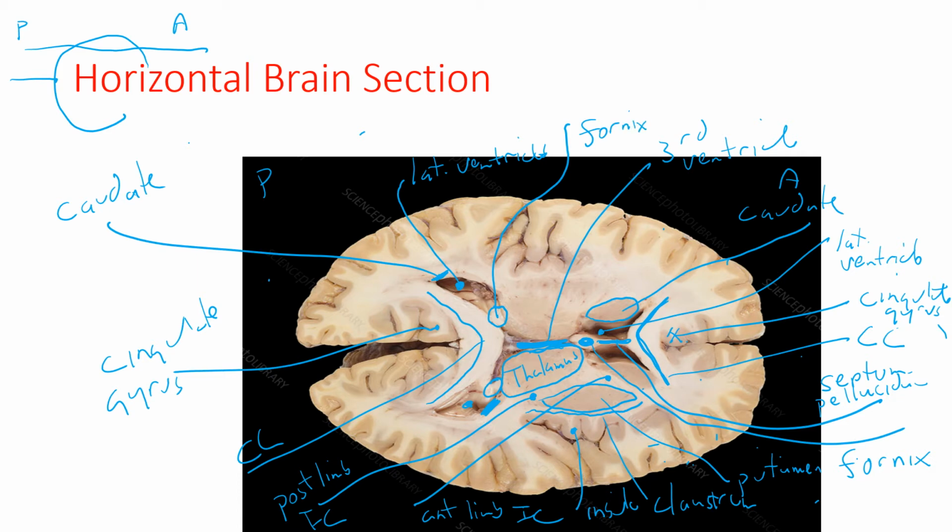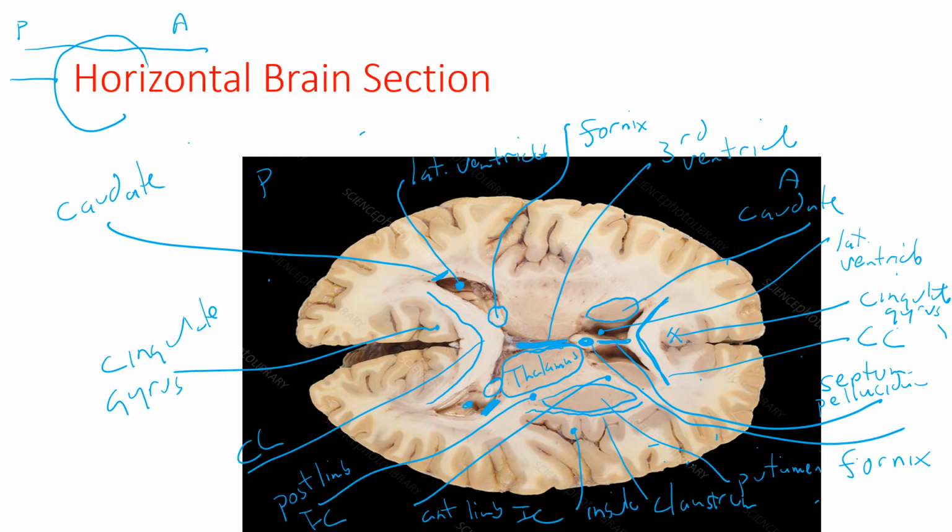You'll remember we said that the fornix starts as a midline structure coming out of the hypothalamus. But then as it wraps posteriorly and heads towards the temporal lobe, it is going to separate. And so we can see the two fornices as they've separated heading towards the temporal lobe of the cerebrum.